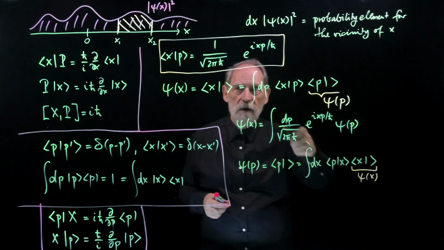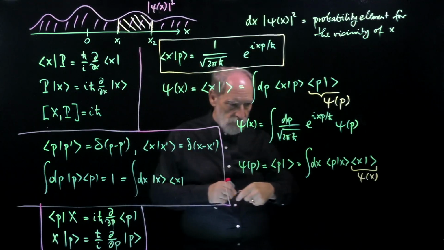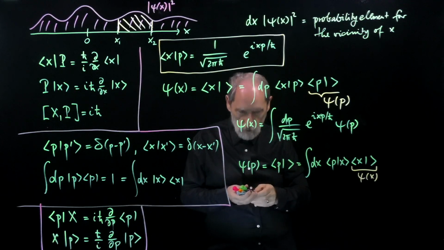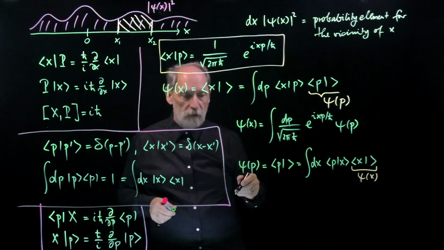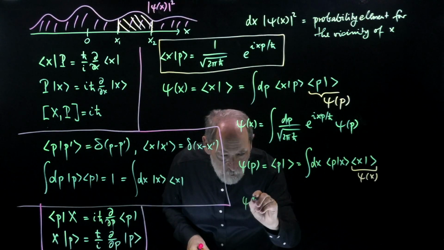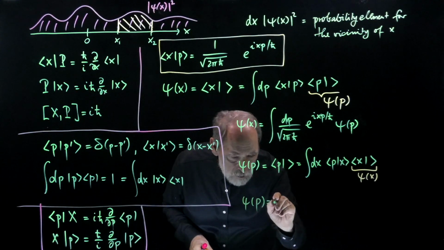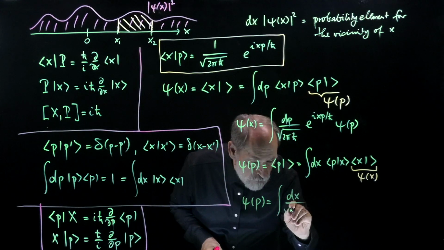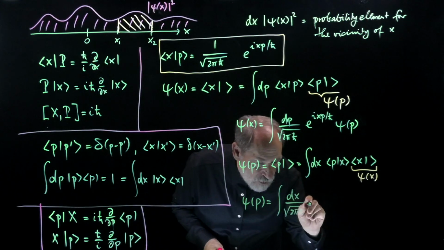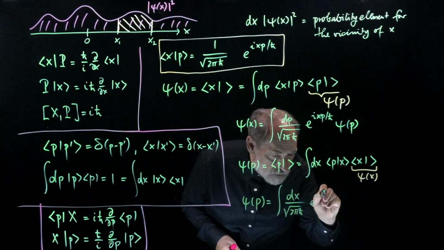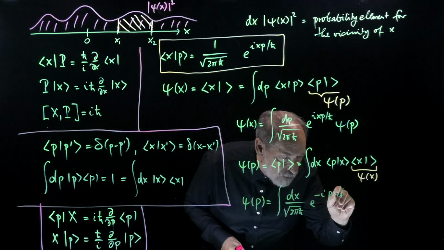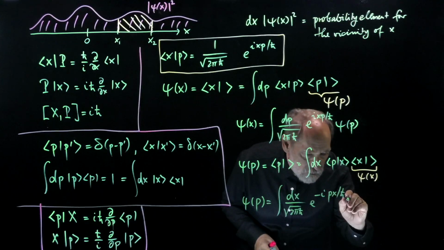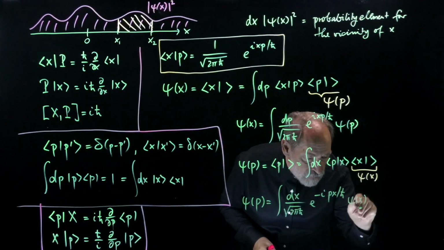And here we have the complex conjugate of this transformation function. So we find that the psi of p is related to the psi of x by integrating over x of 1 over the square root of 2 pi h bar, exponential minus i px divided by h bar, and then psi of x.